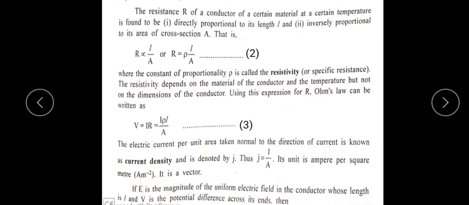The next thing is, if E is the magnitude of the uniform electric field. From the first chapter we learned this concept. E means the magnitude of the electric field that is developed in the conductor. If we consider a conductor, there are two ends.